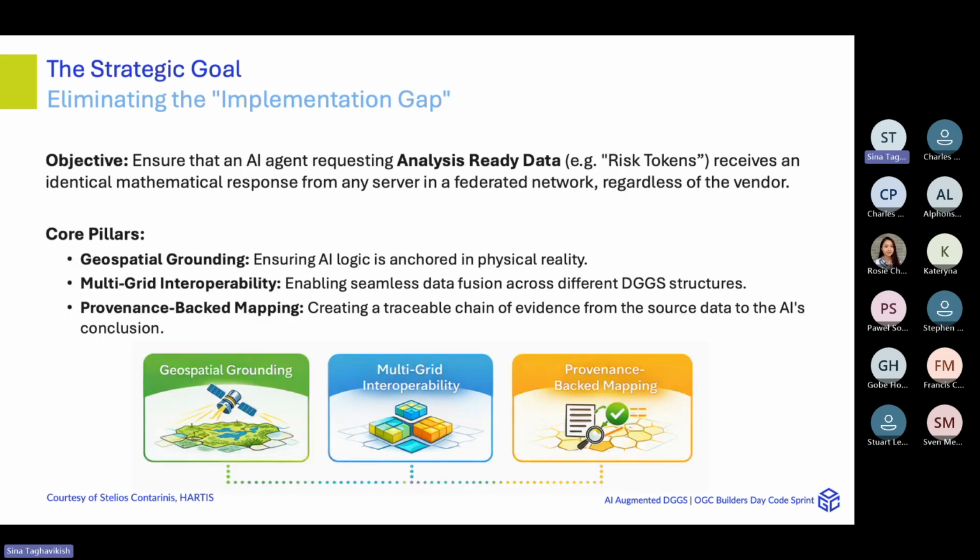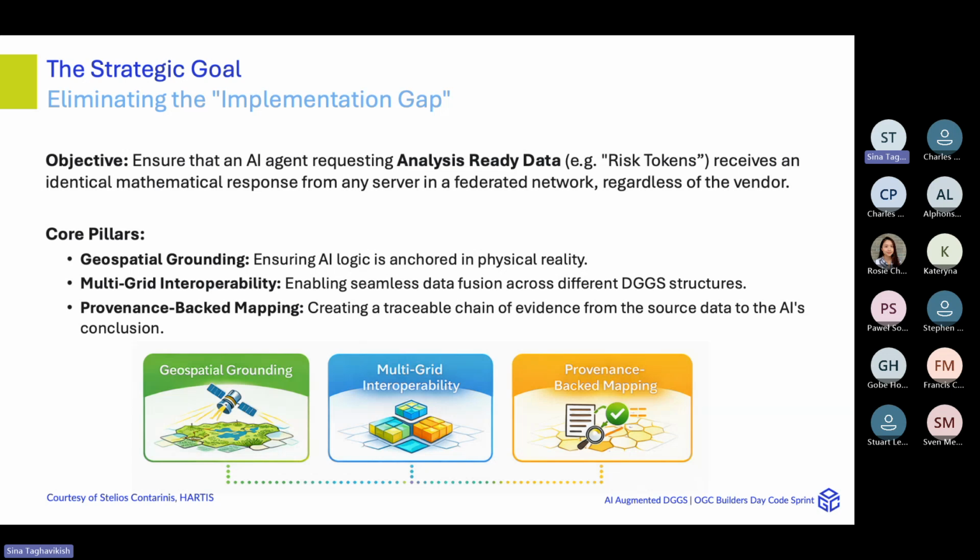Another thing is the strategic goal that we have. There is an implementation gap. So we have to ensure that an AI agent requesting an ARD, analysis ready data, receives an identical mathematical response. You cannot have different responses with slightly different queries.